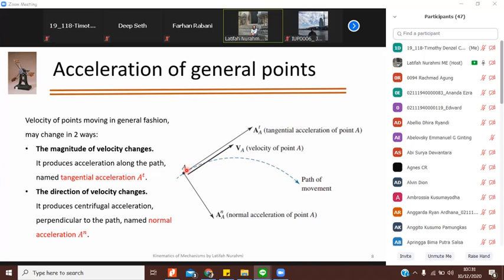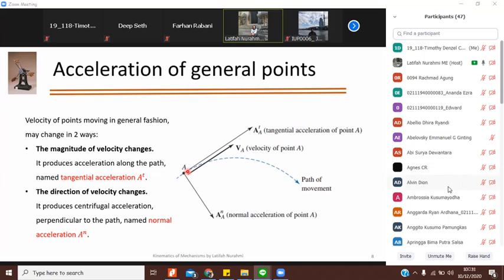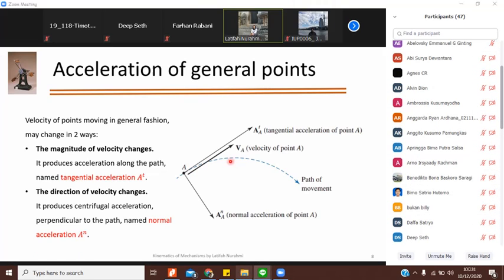You know that it will have a velocity. Linear velocity is always tangent to the curve, exactly at that point. So suppose that this point is now in this position. What is VA? VA is no longer like this. VA will be in another direction.